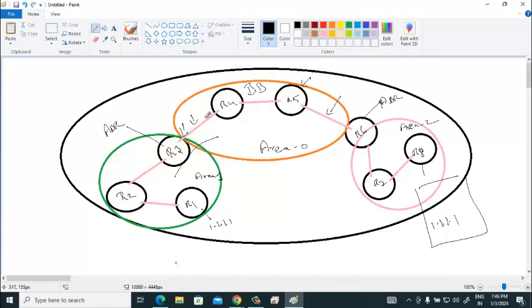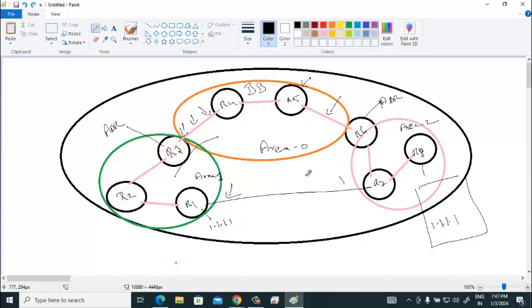This end is also in area 0. Here, this end is in area 1. This is also in area 1. But if you connect like this, this will be in area 1, this will be in area 2. They will not form a neighbor. If they don't form a neighbor, will they share routes? No. They cannot share routes.